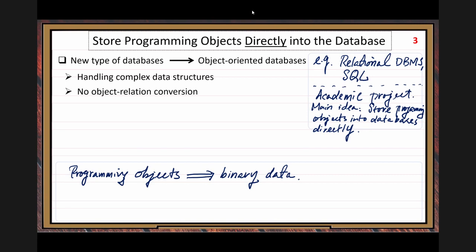But why do those researchers still want to do it that way? They feel that structured data could be very complex. If you do not store objects directly into databases, you need to do conversion. You need to retrieve data from the objects, then write the data pieces in a different way into tables. There is a conversion step.